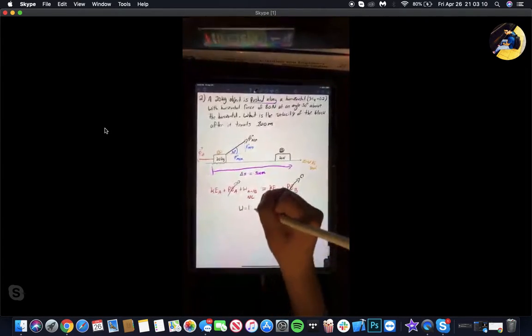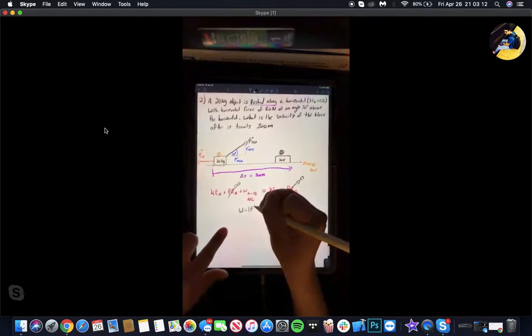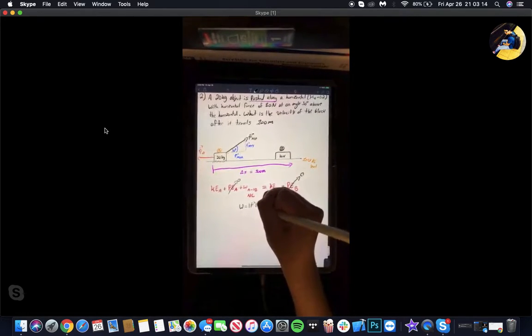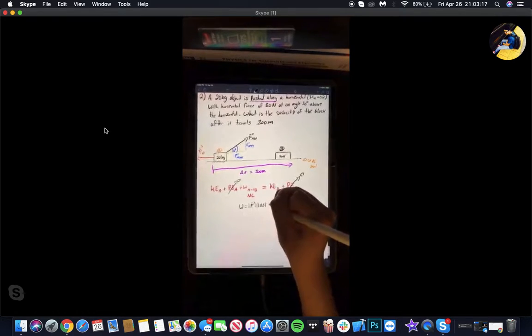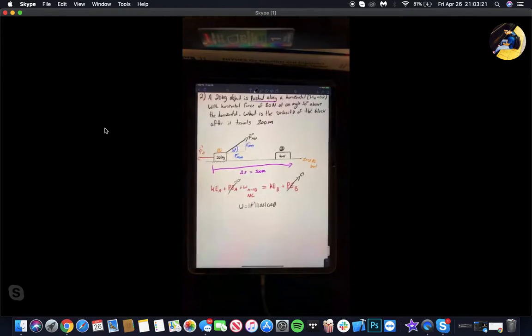So constant is by a force, some force by some displacement, and then cosine of the angle, 30 degrees. Yeah, cosine. This is fun once you know what to do. Once you know what to do, it's easier to do.